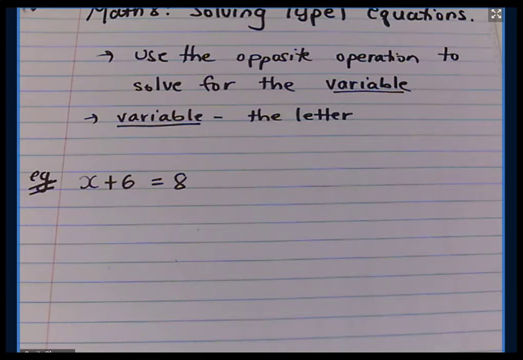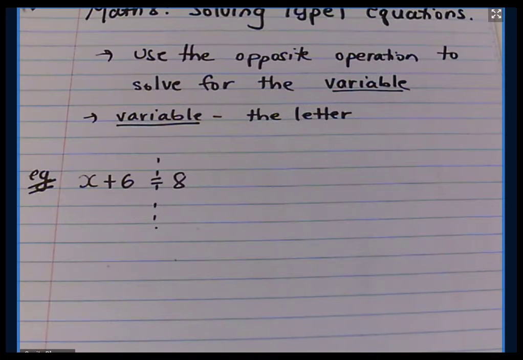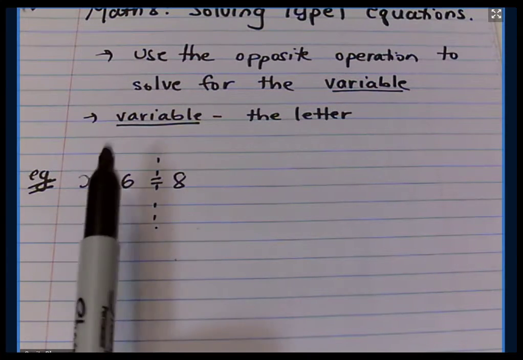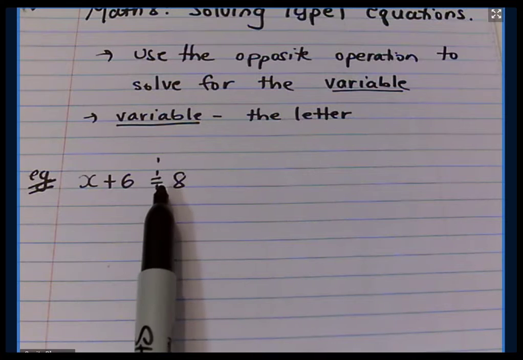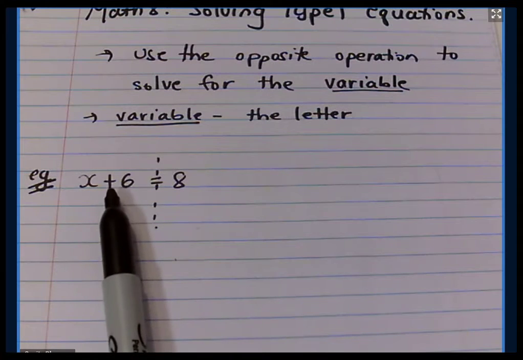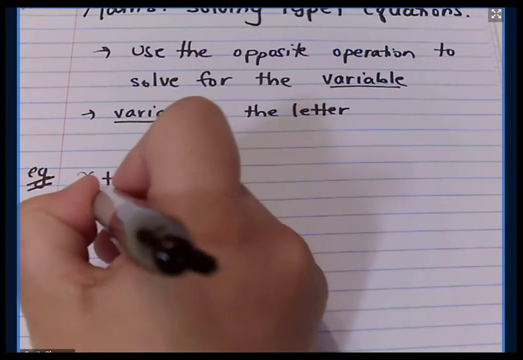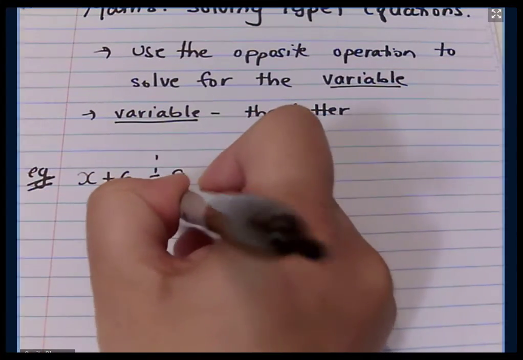the opposite of plus 6 is to subtract 6. And recall that our equations are always represented as the left-hand side of the equal sign and the right-hand side of the equal sign. So anytime you are doing the opposite operation, you have to do it to both sides. So we're going to subtract 6 on both sides, like that.